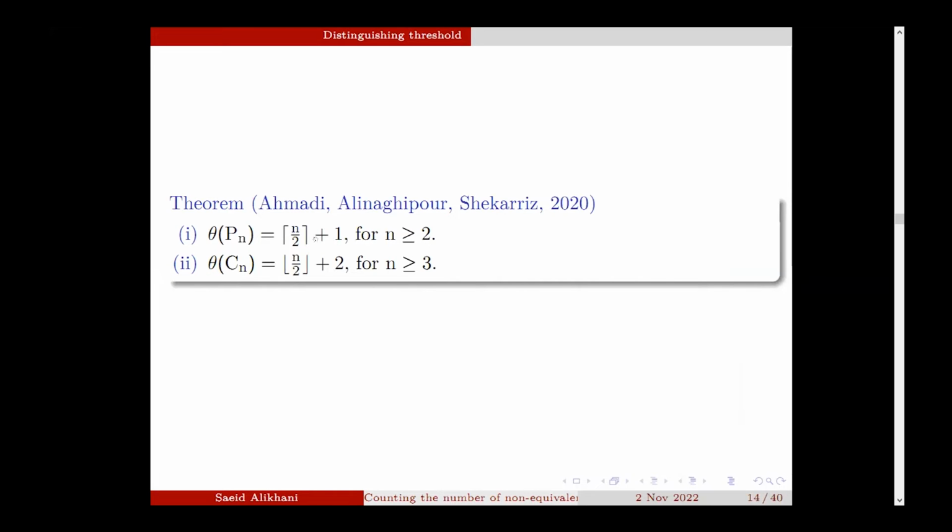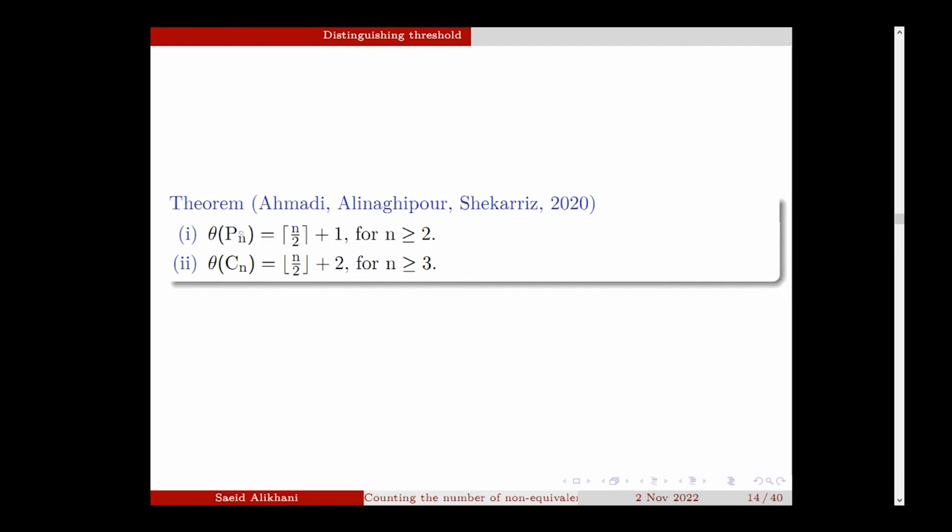And it's not so hard to see this: the distinguishing threshold for paths is equal to the ceiling of n over 2, plus 1, and for cycles it is the floor of n over 2, plus 2.